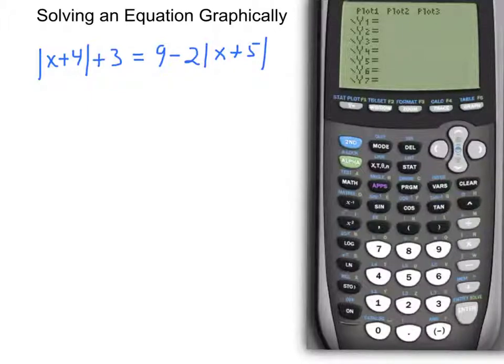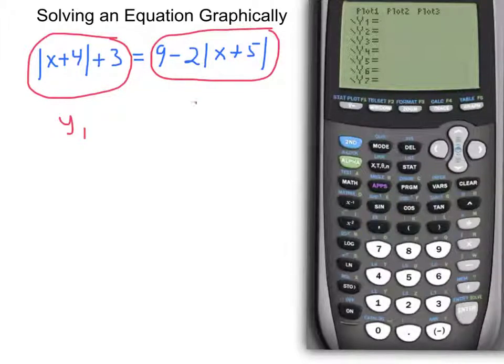Now, to solve an equation graphically, we'll just take the left side of our equation and we'll enter it into y1 on our graphing calculator, and we'll take the right side of our equation and enter it into y2, and then we'll find the points of intersection, and the x-coordinates of those points of intersection would be the solutions. Now, we'll use our graphing calculator to do this, and the important thing to know is where to find the absolute value.